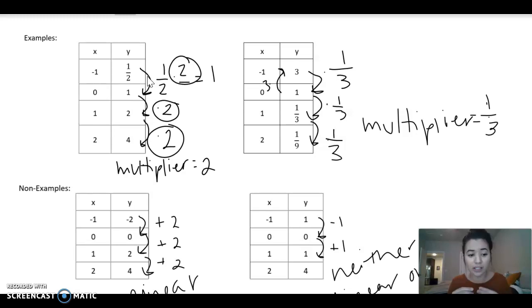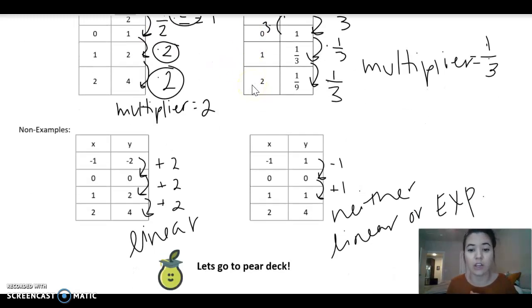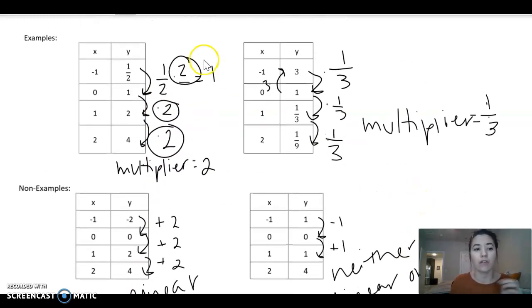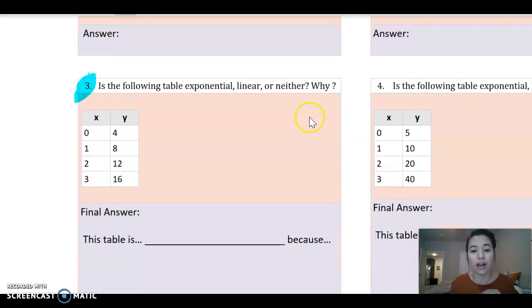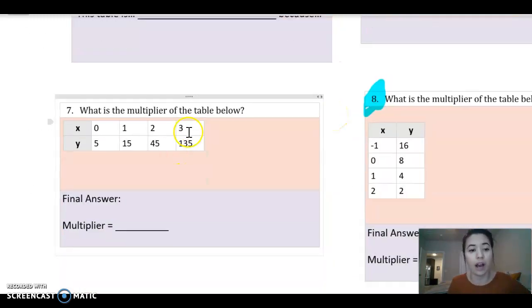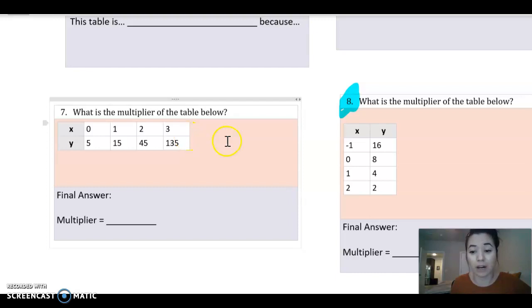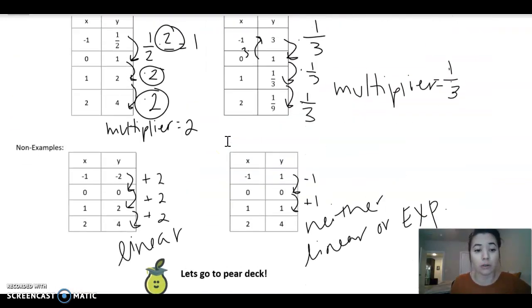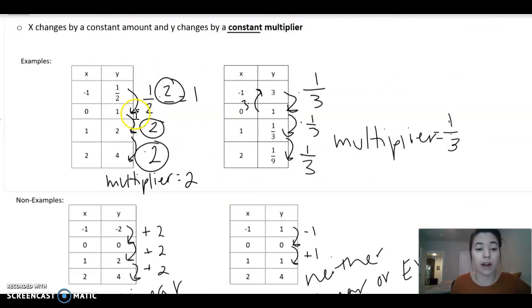So, that's the key things for today. You being able to tell me whether it's exponential, linear, or neither. And then for those that are exponential, I just want to know what is the multiplier. So, again, remember to find the multiplier, you just need to figure out what we're multiplying each y value by to get the next y value.